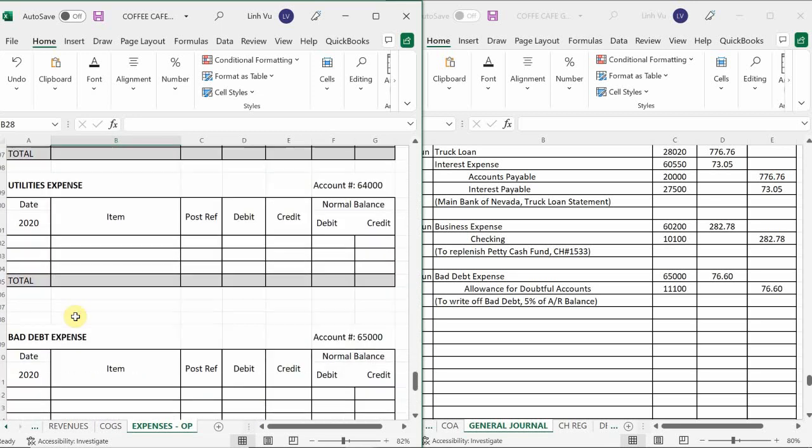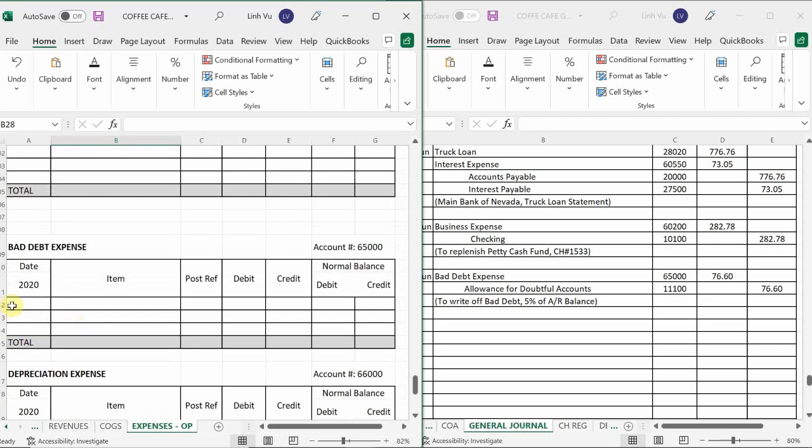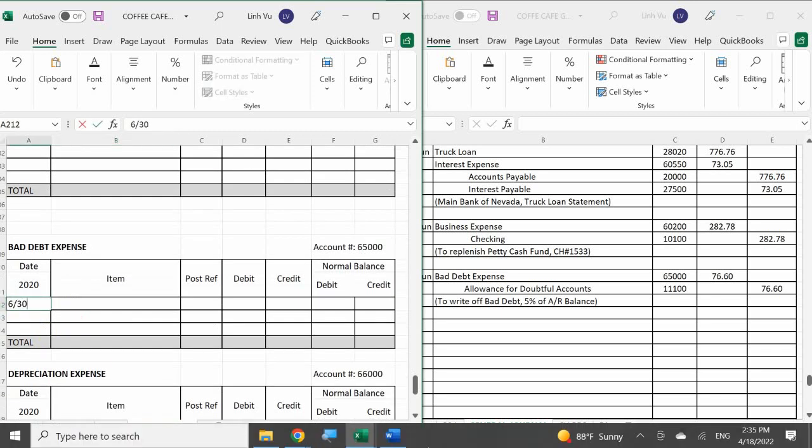So here we are, bad debt, 5% of accounts receivable balance for $76.60.